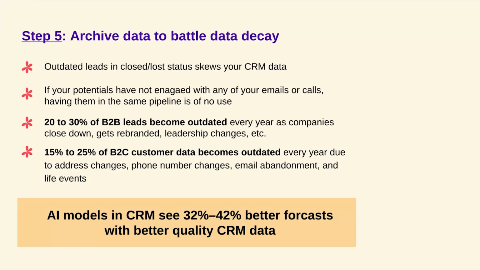Another way to look at it is that you have been sending emails to these customers and they haven't opened them in at least 12 months. If they haven't engaged with any of the campaigns that you have sent out for 12 months, then it's probably better to remove them from your list.